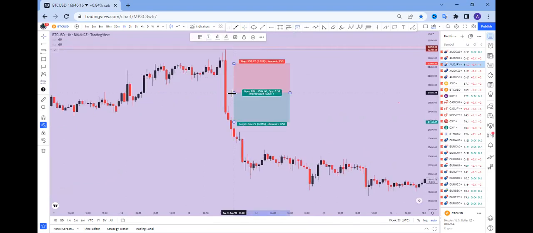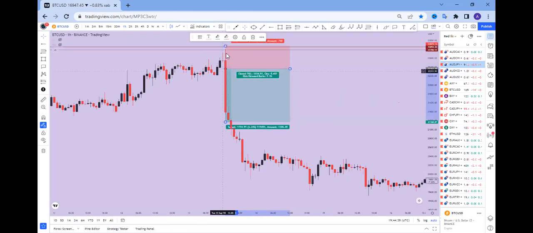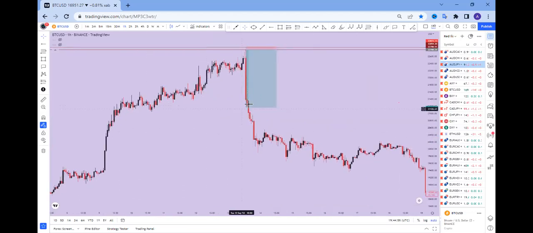Yes. How would you describe this kind of entry? This is another extremely sleek entry. I'm not showing you theoretical knowledge.